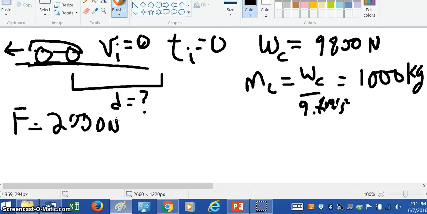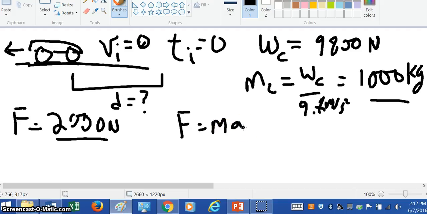We're going to accelerate the car because the car has a net force acting on it. Here's the mass of the car. We can figure out the acceleration, right? Because F equals ma. That's Newton's second law. We use this all the time in classical mechanics.